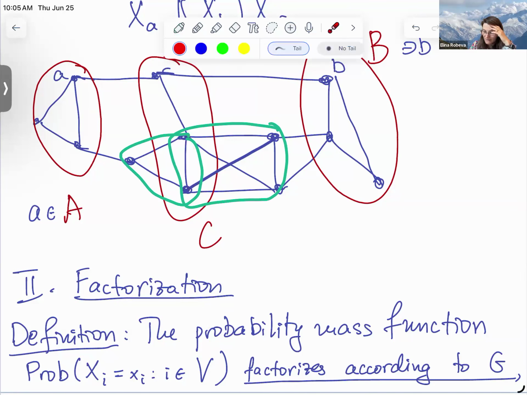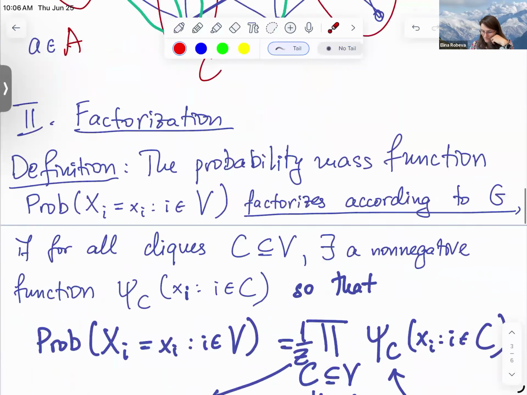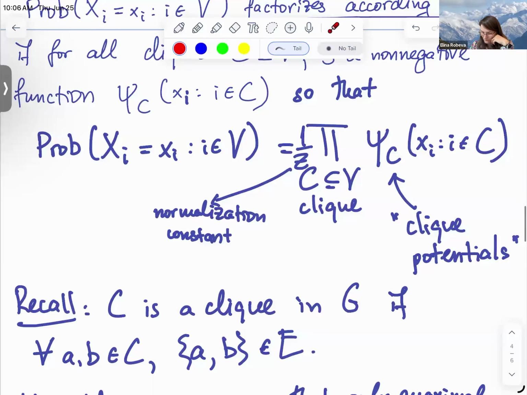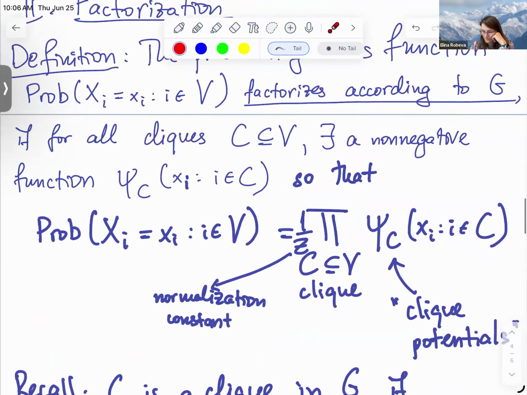So I can take the clique potential of this clique and multiply it by any positive function of these two vertices only. And I can take the clique potential of this clique and divide it by that function of these two vertices, and I will still have a valid factorization. So this factorization is really not unique here.